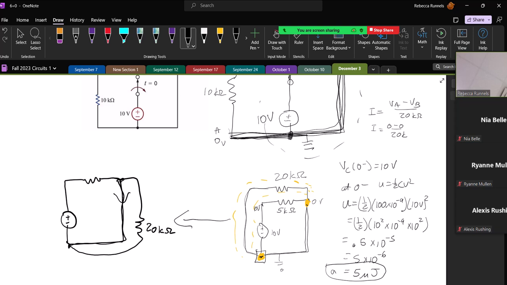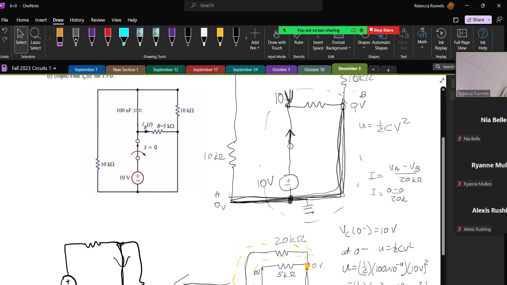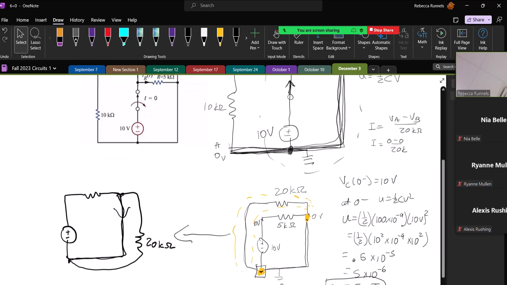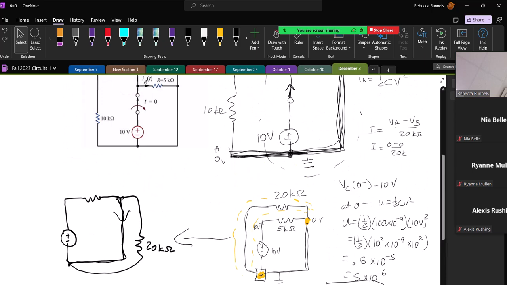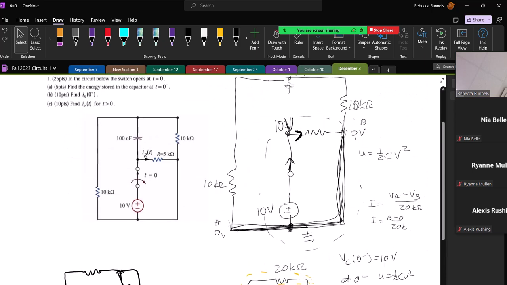Okay. Now we are supposed to find IR of 0 plus. Now, in our original circuit, IR is in this direction. So at 0 plus, we need to redraw our circuit the way it looks at time 0 plus.